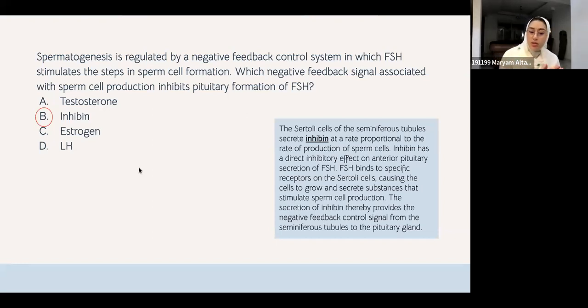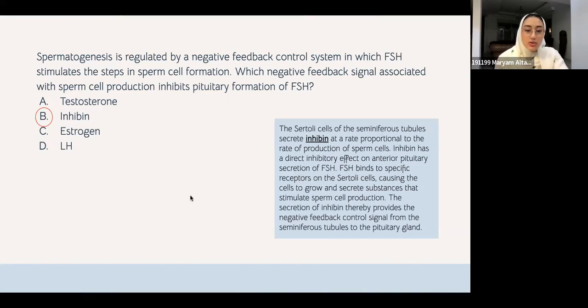When I release inhibin, it's going to decrease the amount of FSH. Okay? And so FSH binds specific receptors on Sertoli cells, causing the cells to grow and secrete substances that stimulate sperm cell production. Okay? So the less inhibin I have, the less, let's say, nourishing fluid I'm producing in that case.